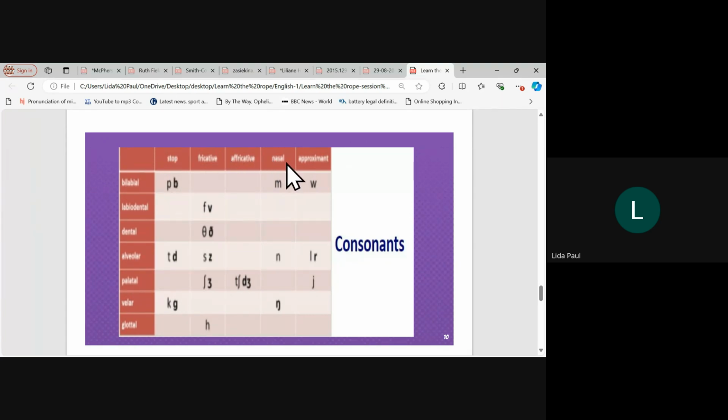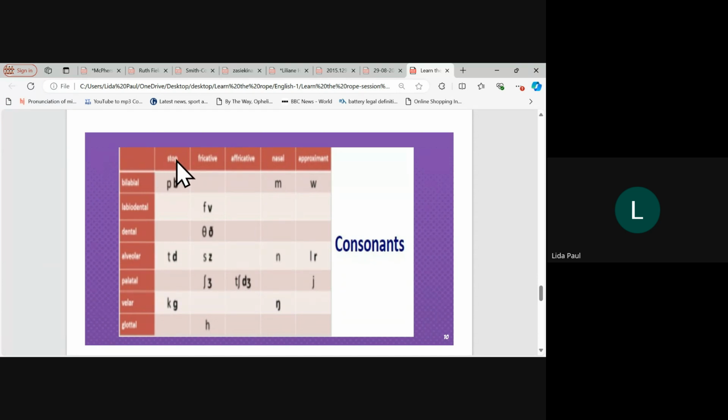Not nasal, but stop, fricative, affricative. All of them together are sometimes also referred to as obstruents because the obstruction of the airflow is very high when you produce all of these sounds, as opposed to, say, approximants. And nasal also has some sort of obstruction, a different kind of obstruction in the nasal cavity, but the other one is in the mouth, right?